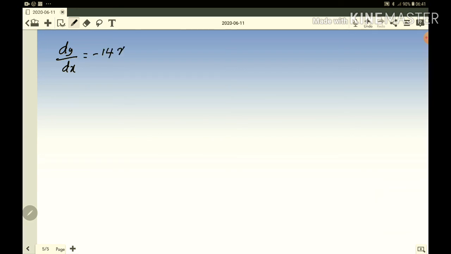Minus 14, x to the power minus 7 minus 1 is minus 8, divided by 5. Okay, this is the answer, but the negative power we can change. Minus 14 over 5 times x to the power 8 is the answer. Is that clear? So these are the rules for differentiation.